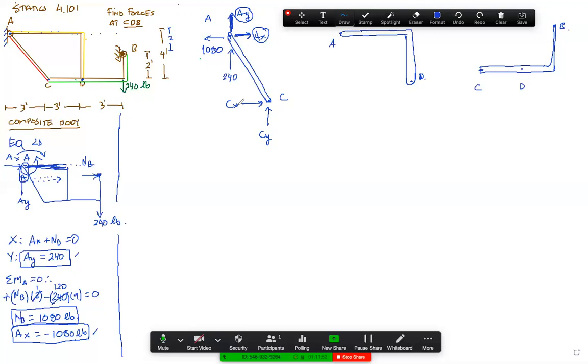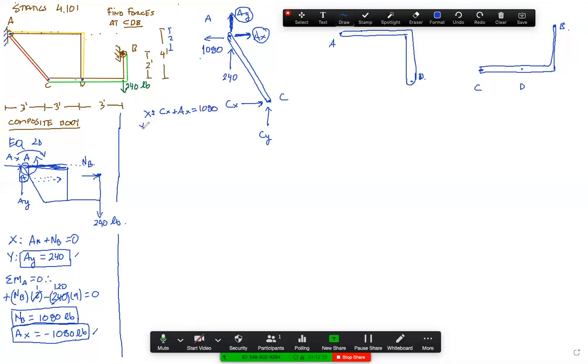Okay, so now for that one, I'm gonna write the equation. So for x, I will write what I know and what I don't know. Let me just put CX plus AX, okay? And this thing should be minus 1080. So I'm gonna put it the other way around.